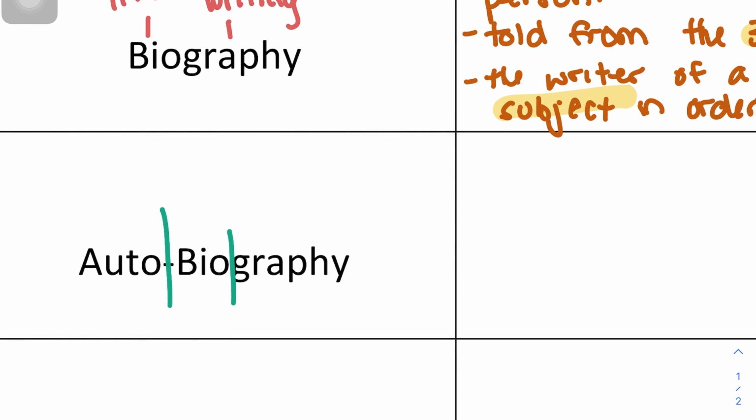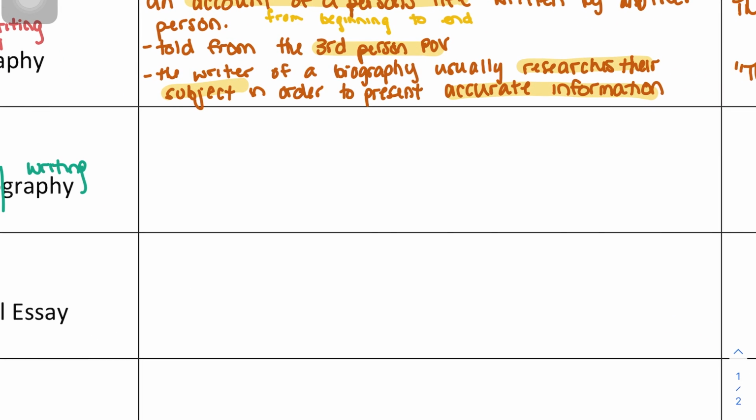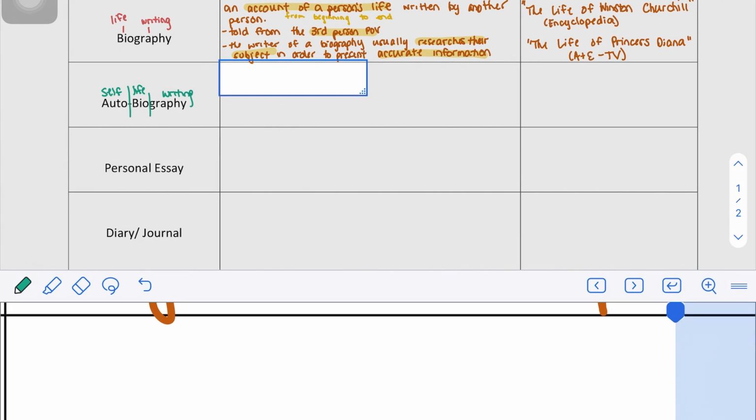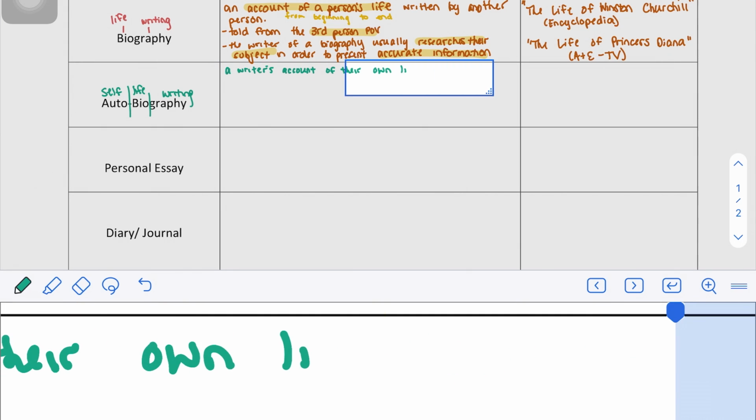Autobiography is another type of literary nonfiction, and in this case, it is a writer's account of their own life. And instead of being told from birth to the end of life, it covers events from birth to the time of the writing. It's told from first person point of view.